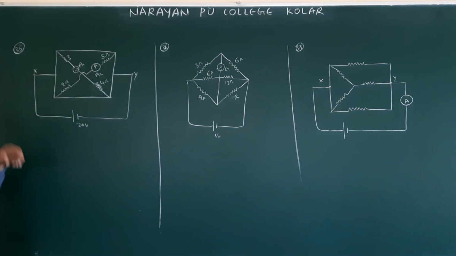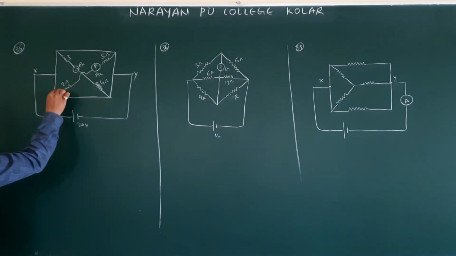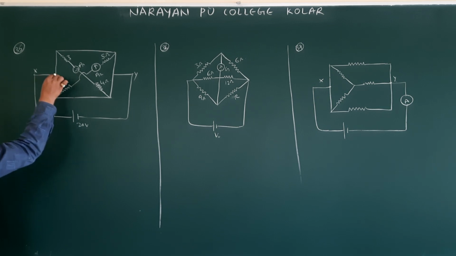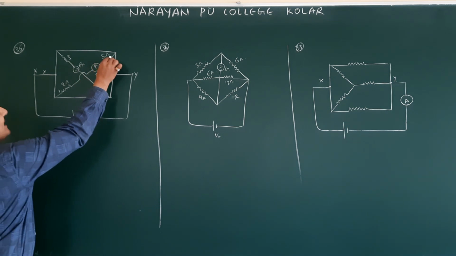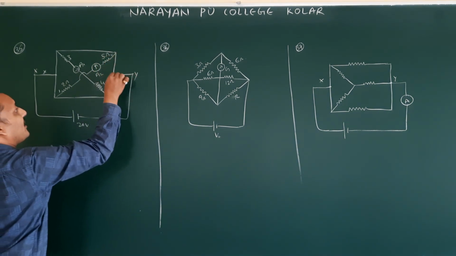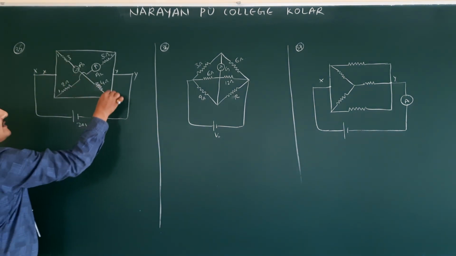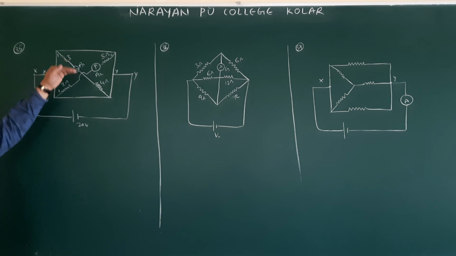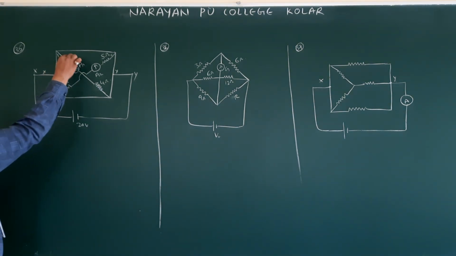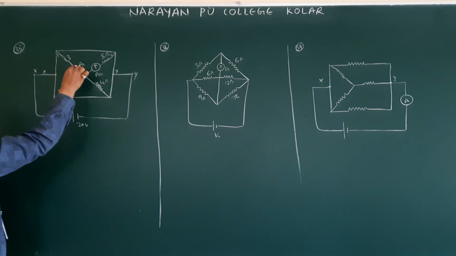How are these resistors connected? First we take this one end, connected at point X, and the second end connected at point Y. Next, this end is connected at point X and the second end at point Y. So these are connected in parallel.